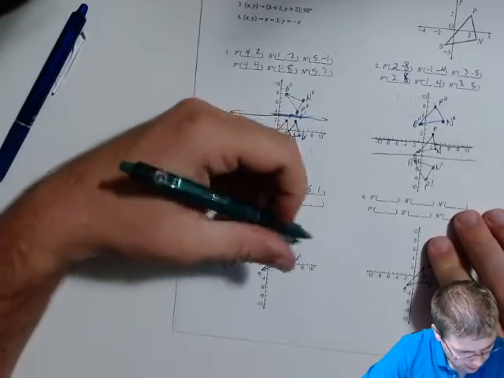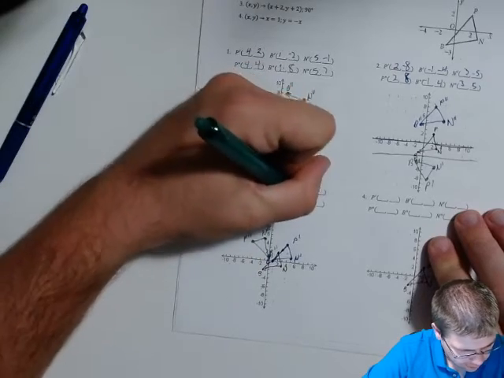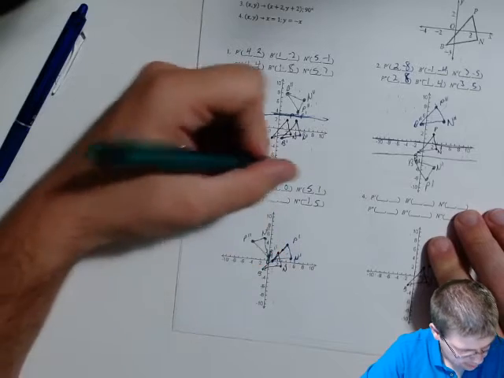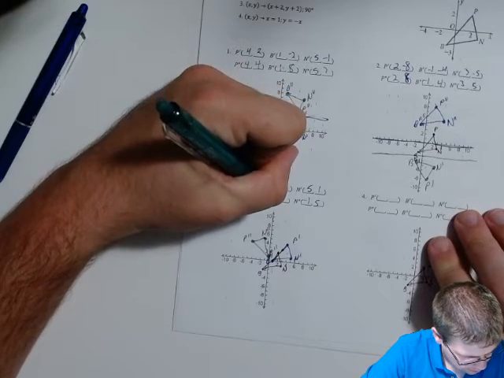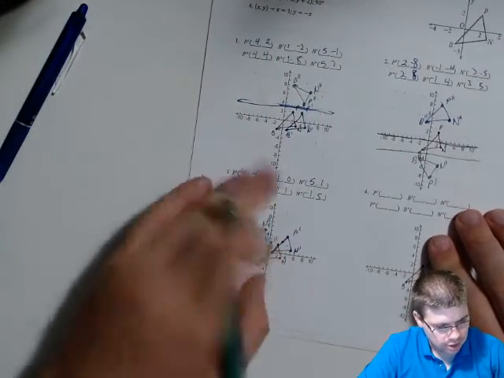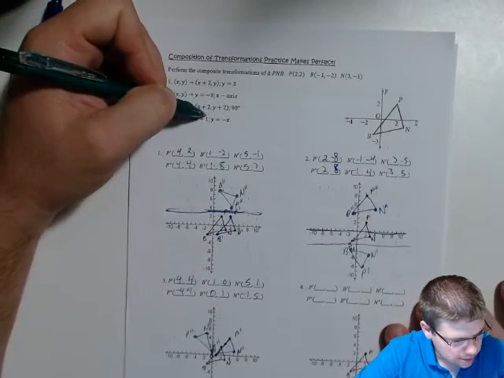And then N is at -1, 5. And B is at 0, 1. And to do that 90-degree rotation, we're flipping the X and Y and making the X negative.